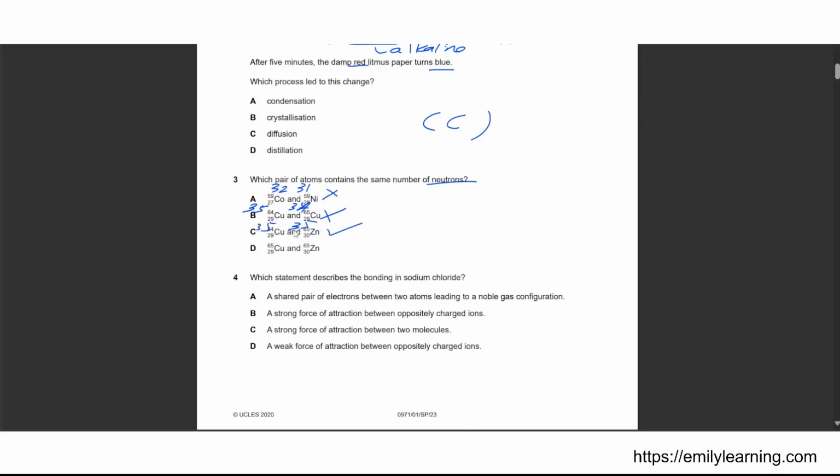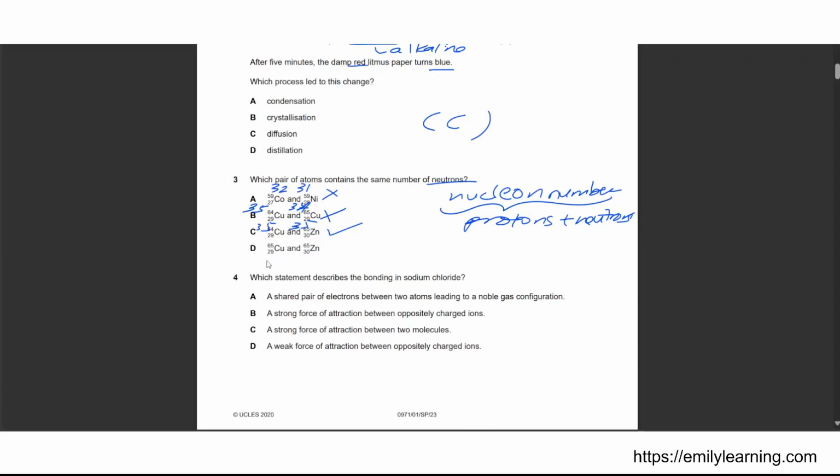So C is the answer because when I take the nucleon number, which is the number of protons plus neutrons, represented by the number at the top, minus the proton number, which is the number at the bottom, for C, I got the same number. So this shows that it has the same number of neutrons.